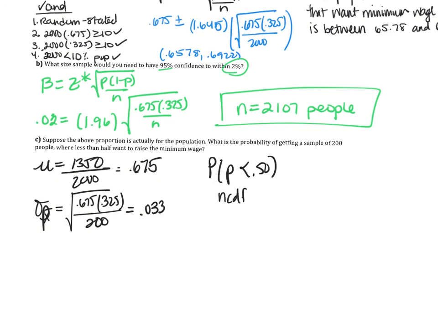So when I'm looking at the probability of a proportion being less than 50%, I'm going to use normal CDF, negative 1,000, something small and negative, to 0.5, my mean is 0.675, and standard deviation 0.033, which gives you 5.707 times 10 to the negative 8.